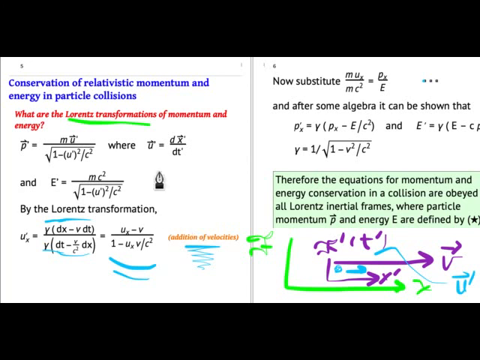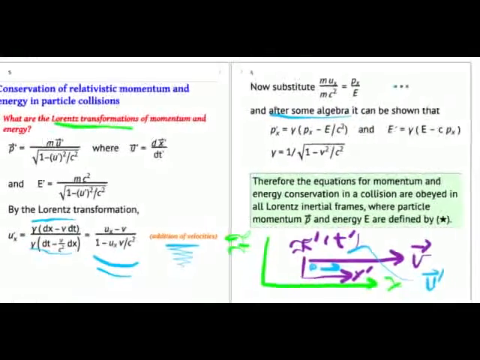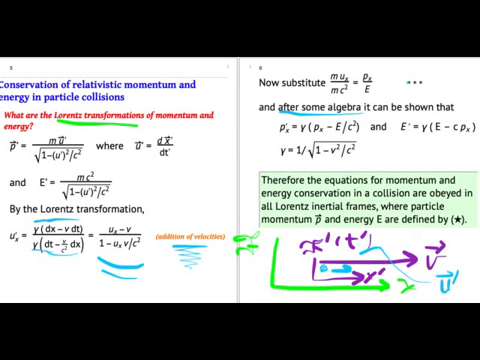And after some algebra, and I won't go through all the algebra, but you can look it up in the textbook, you'll have px prime is gamma (px minus v E over c squared). And E prime will be gamma (E minus v px).